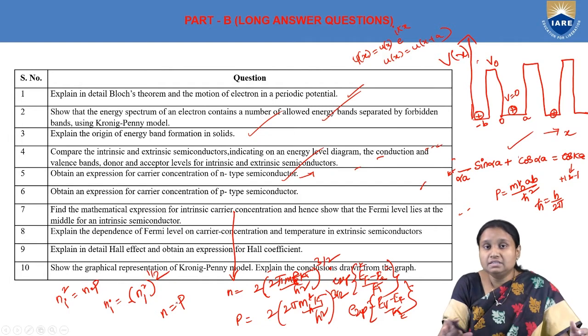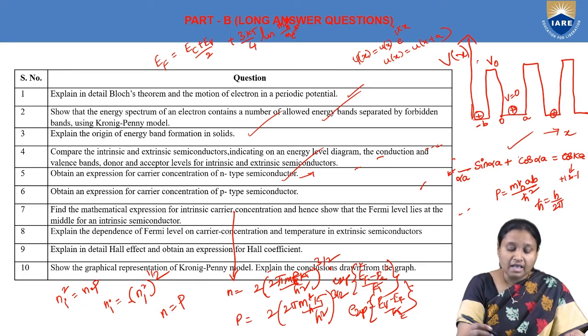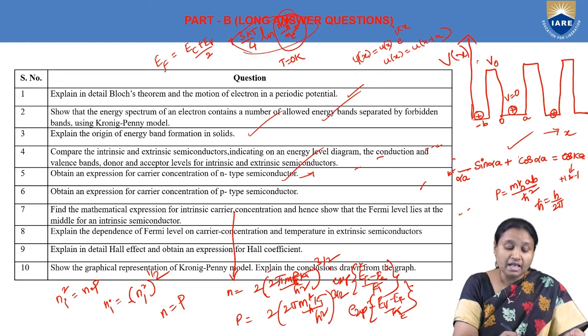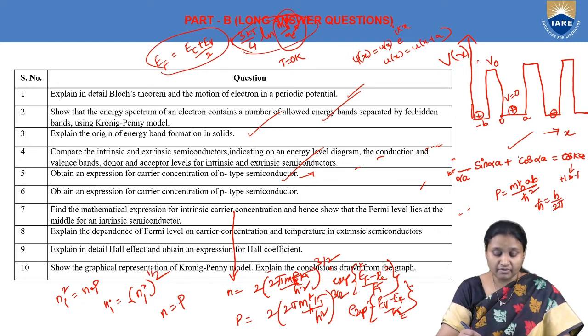If we rearrange the terms, we end up with the expression for Fermi energy level as (Ec + Ev)/2 + (3kT/4) ln(mh*/me*), and at T equal to 0 kelvin, or if we assume that the effective mass of electron is equal to the effective mass of hole, then this term will vanish, and we'll have our Fermi energy level exactly in the middle of conduction band and valence band.